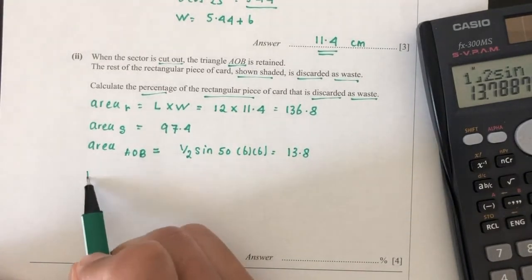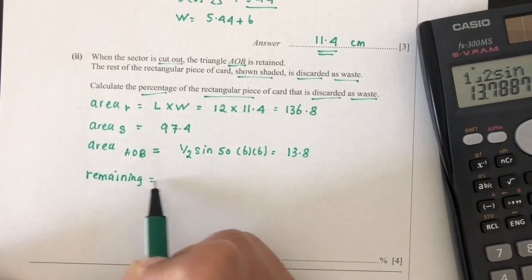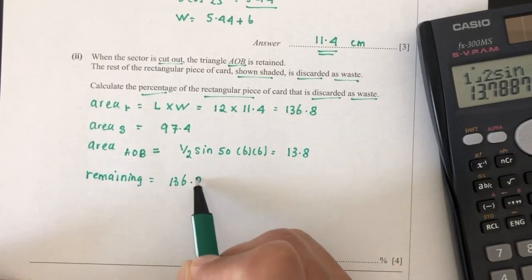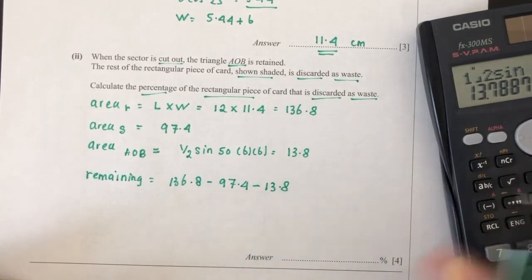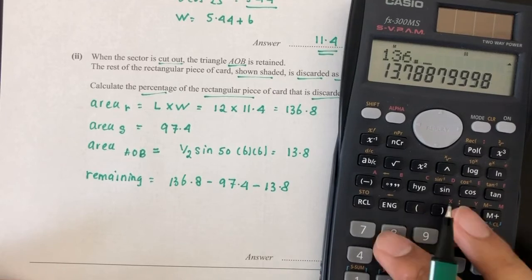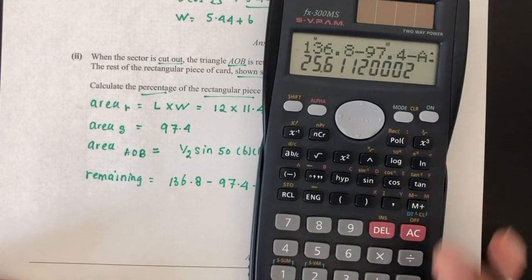So what is the remaining area? The remaining area is the waste area that we don't need anymore, which is 136.8 minus 97.4 minus 13.8.